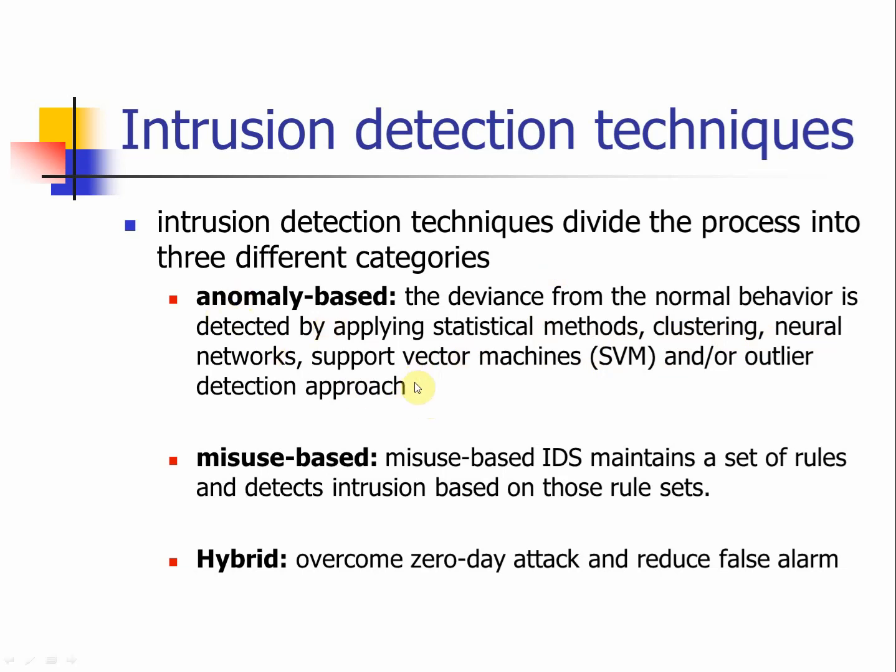On the other side, the other part is misuse-based. So what is misuse-based? A misuse-based intrusion detection system maintains a set of rules and detects intrusion based on those rule sets. So this misuse-based approach requires the pre-knowledge or the label that we were talking about in classification. So they are known attacks. Based on those known attacks, we can generate the rules, to find what traffic is considered intrusion.